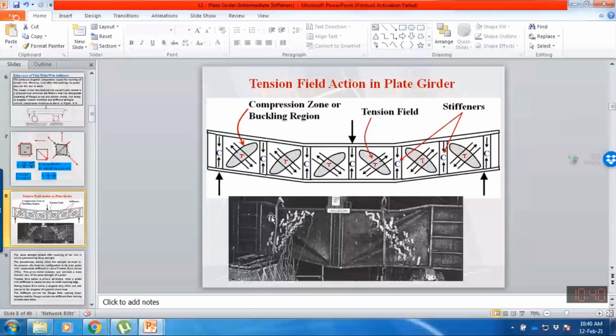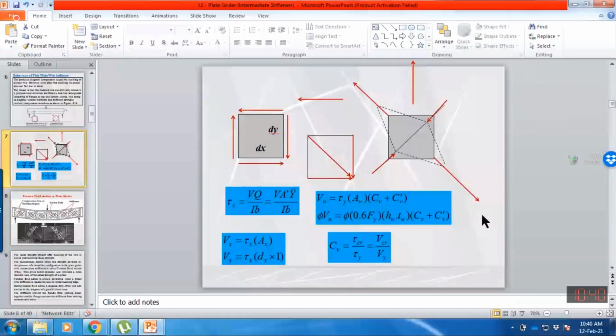So this phenomenon will only occur if we are providing intermediate stiffeners. What I want to say is, if we are not providing intermediate stiffeners, then the web will buckle and we will have only the formula tau_y times area of the web times Cv.